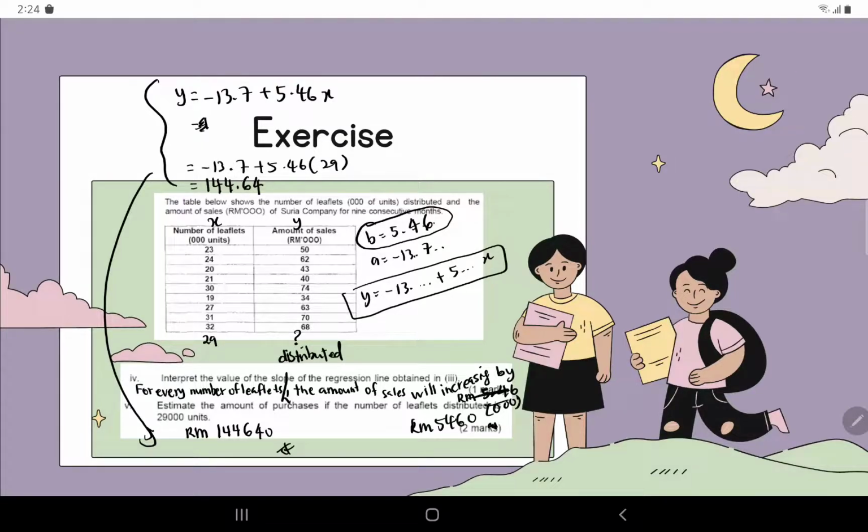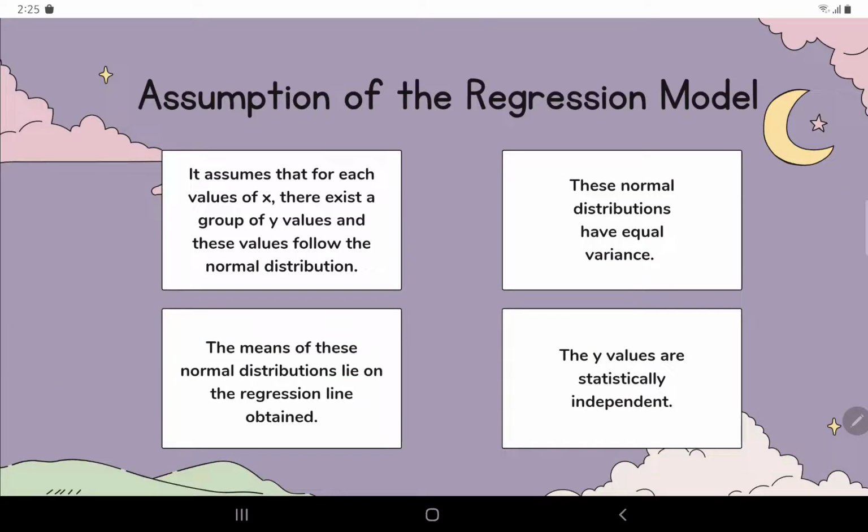Okay, next slide. Okay, this is the assumption of the regression model. It assumes that for each value of X, there is a group of Y values, and these values follow the normal distribution.